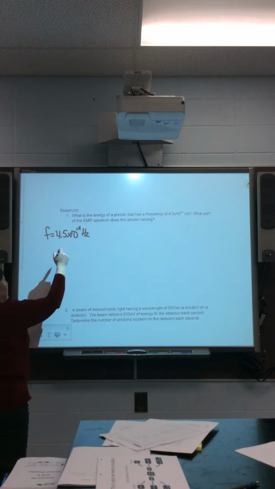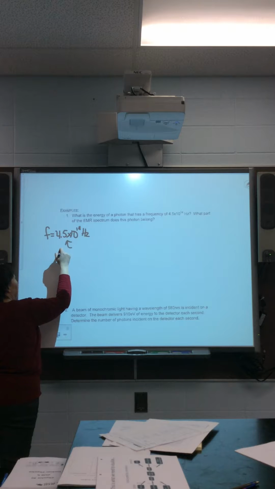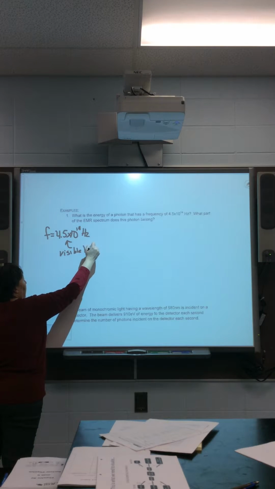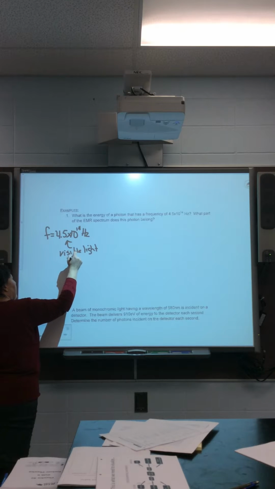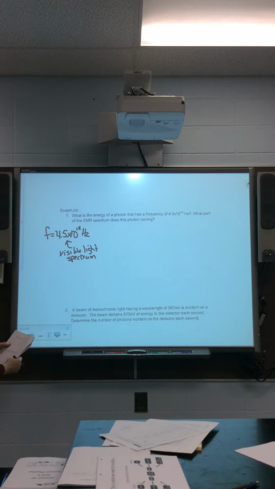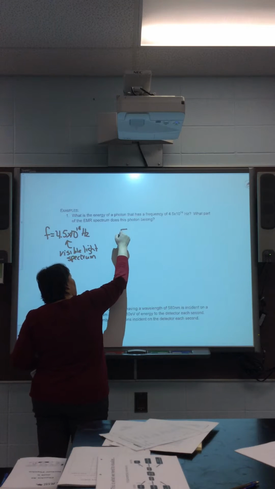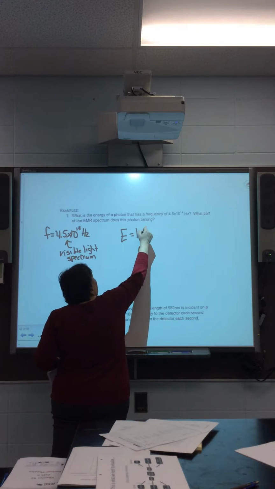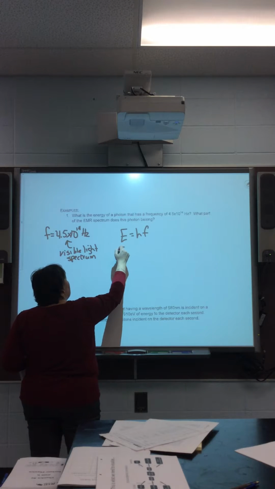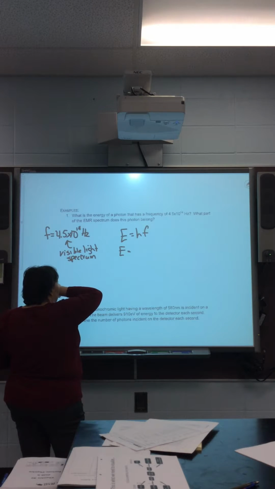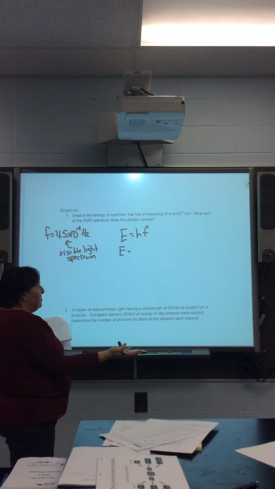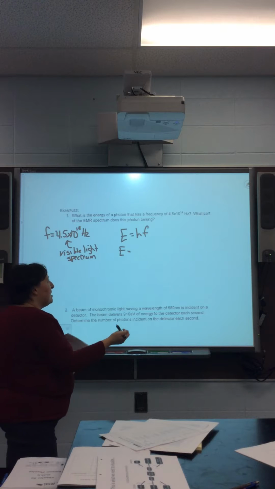And so this here, we know that this is from the visible light spectrum. Okay? Energy is equal to Planck's constant times frequency. So it's asking us what is the energy. It doesn't matter which one we choose. I'm going to use 6.63 simply because it comes first.